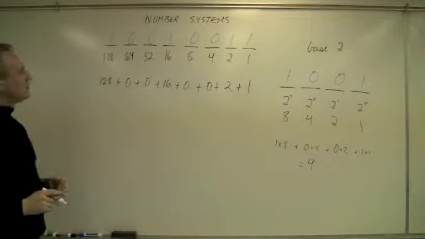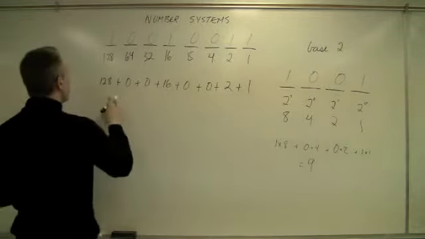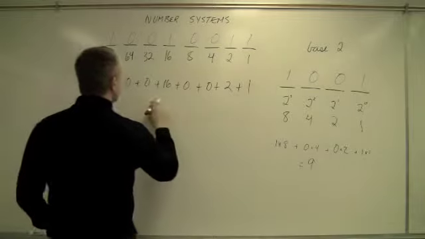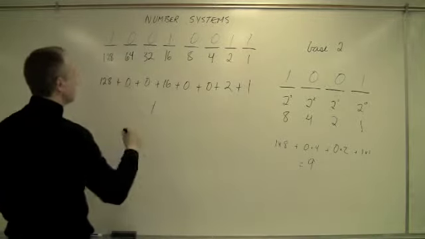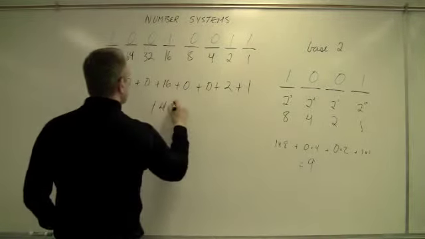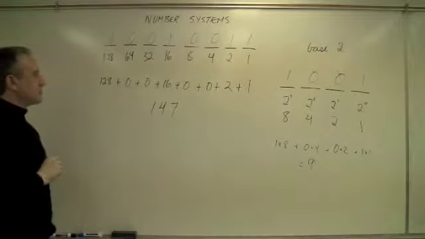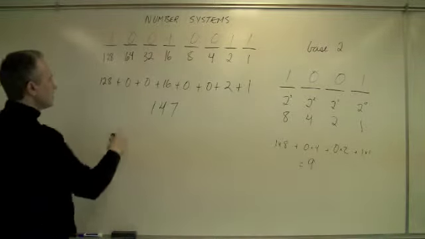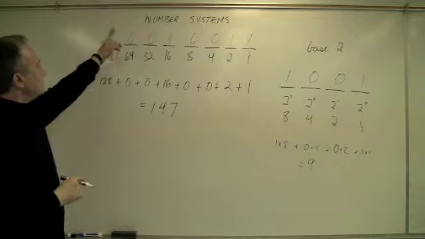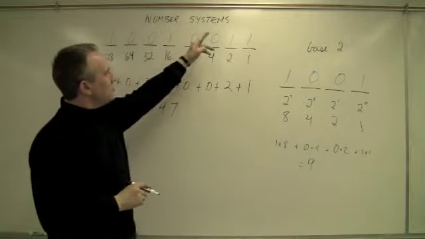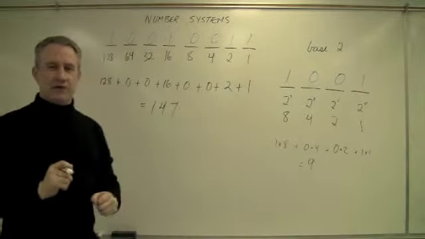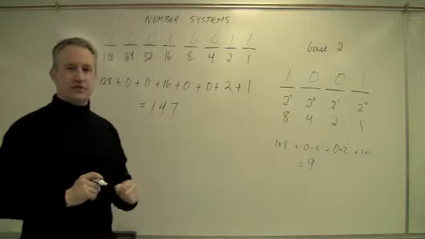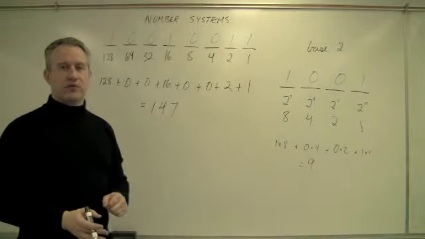If we add all of these up, what we'll end up getting is 147. So 10010011 in binary is 147 in decimal.